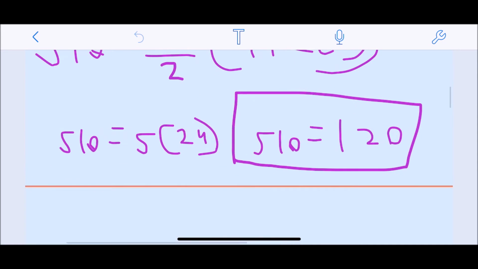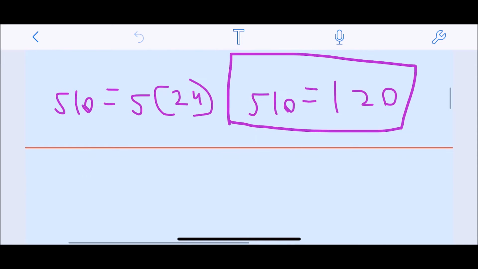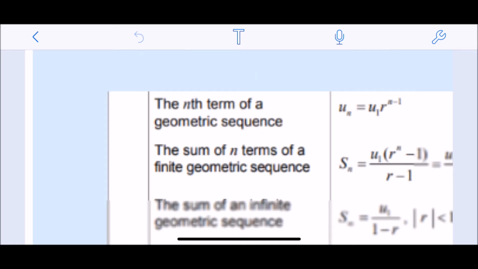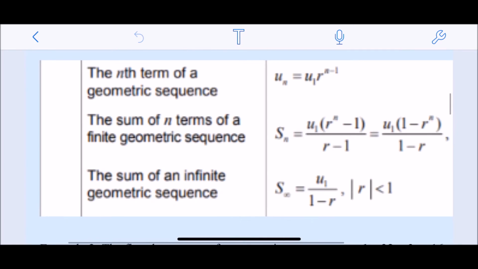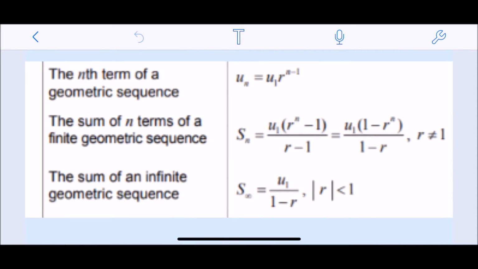For the sum of the first 10 terms, we can use the formula. So S sub n equals n over 2, and then we can plug in u sub 1 plus u sub n. So that's 3 plus 1 plus 2n. Plug in 10 for n, and we get 10 over 2, parentheses, 4 plus 2 times 10.